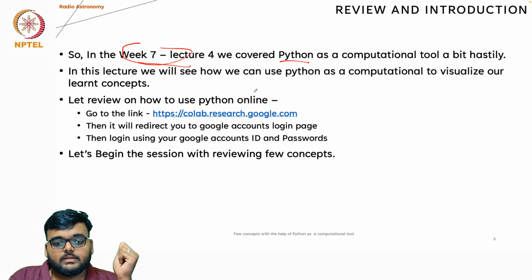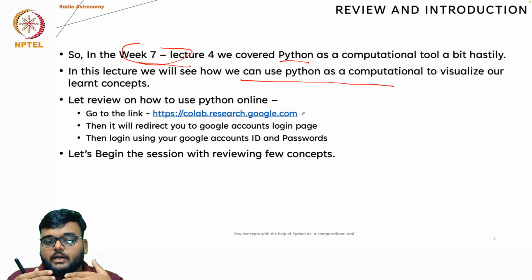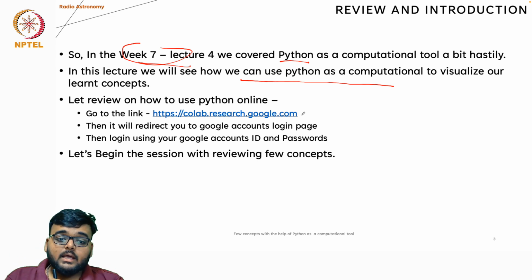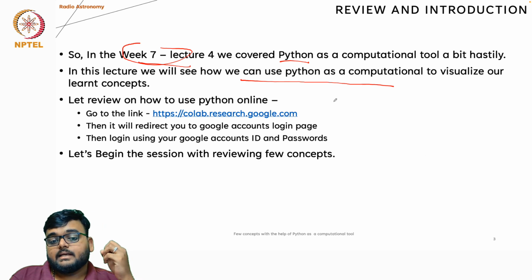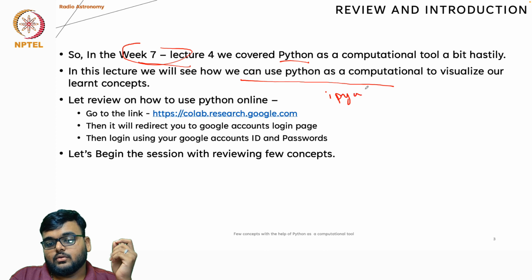Furthermore, we will visualize what we are computing, by means of plotting and all those things. Then let's quickly cover the basics, how you can utilize Python online, which is also called a Python notebook, that is an IPYNB notebook.